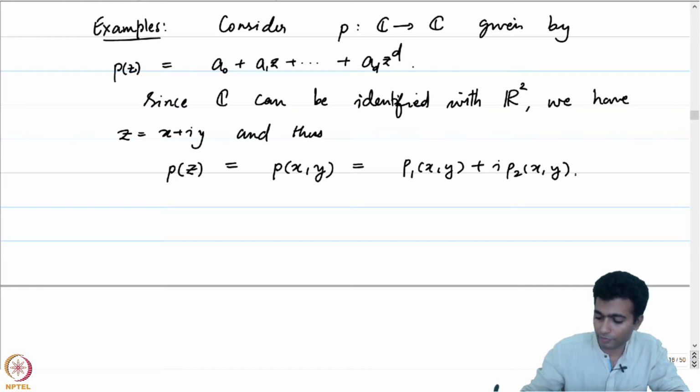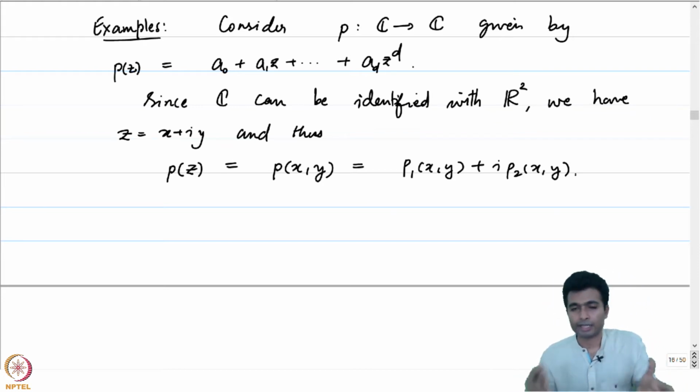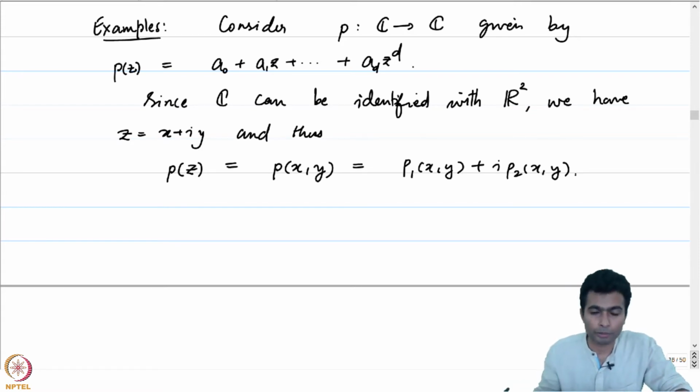So, you can think of a polynomial in z as a polynomial in x and y with a real part and an imaginary part, both of which turn out to be polynomials with real coefficients.